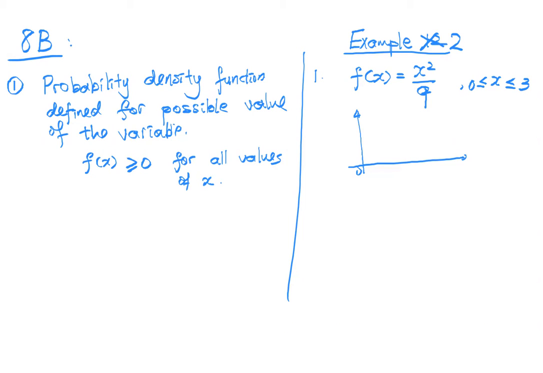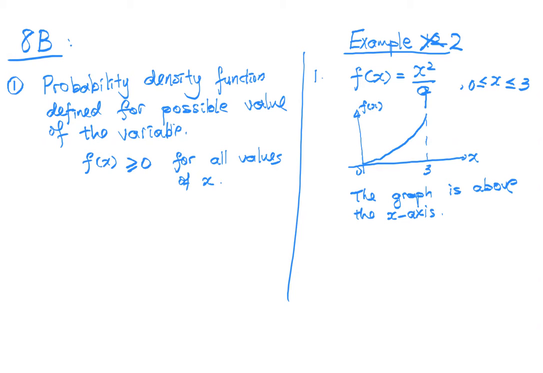So you see the whole graph from 0 to 3 is above the x-axis, so it is satisfied. If this is not satisfied, that means this probability density function is not valid. Do you understand? That is the first criteria.